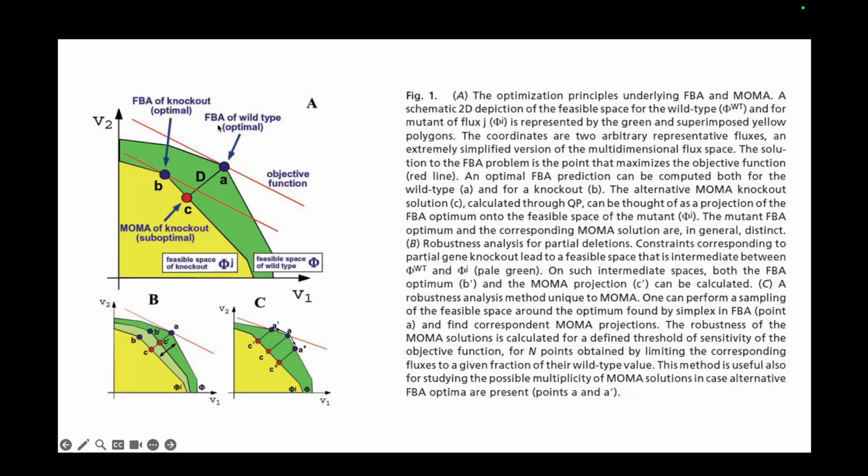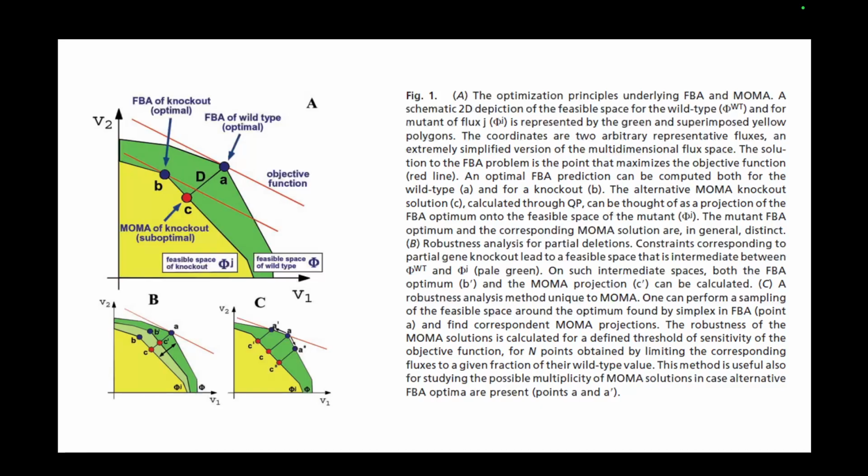This is a good example for that. Here you have two different colors, green and yellow. I think green is the wild type solution space, and yellow is the knockout solution space. FBA predicts this particular point as the wild type optimal, and if you consider a knockout, FBA predicts this particular point for the knockout.